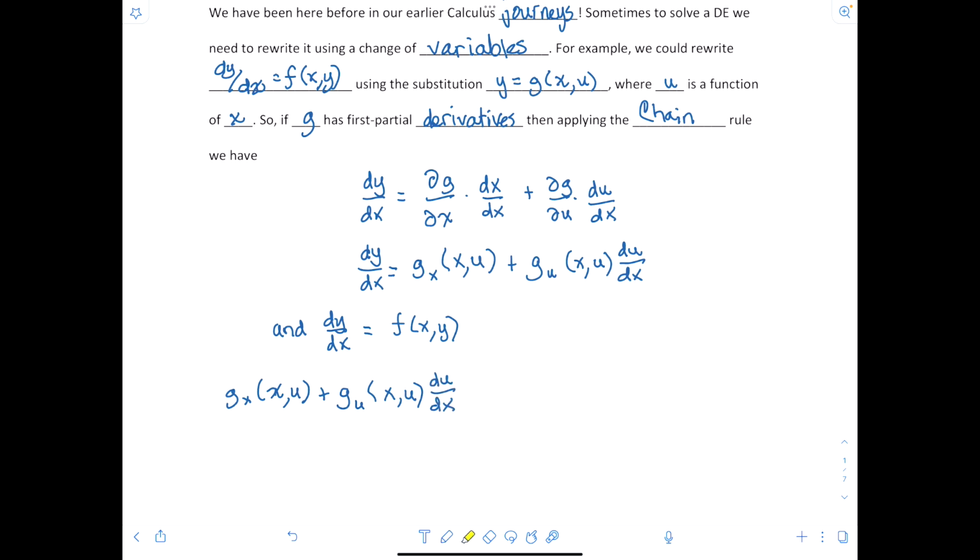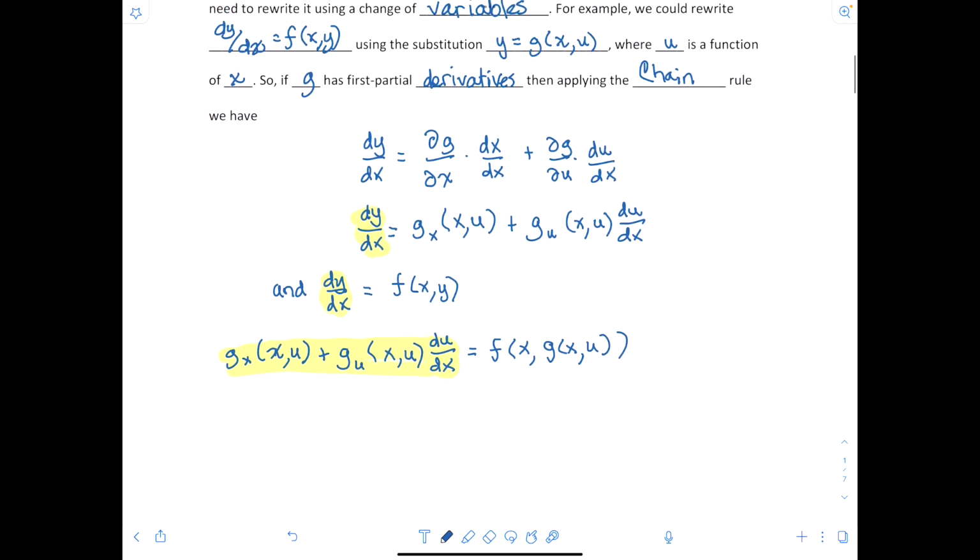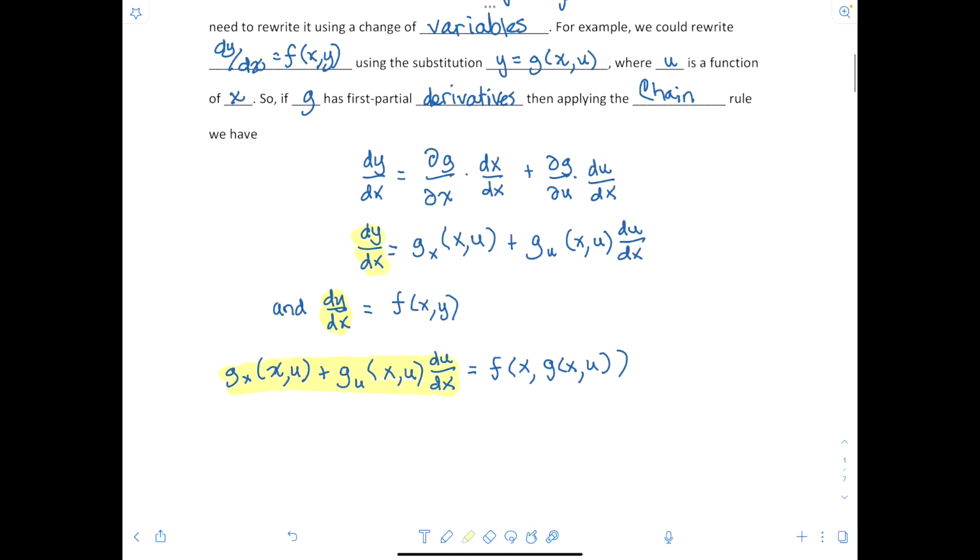So all I did here is, in for dy/dx, I put all of this. Now on the other side of the equation, f of x and y is going to be f of x and g of x and u. So we're just substituting that one in for y, and that came from up here.